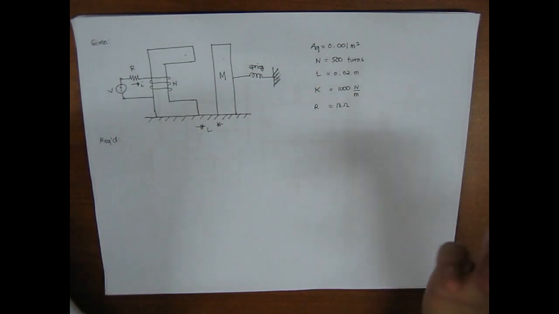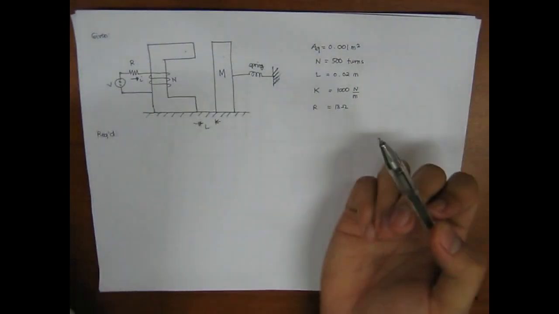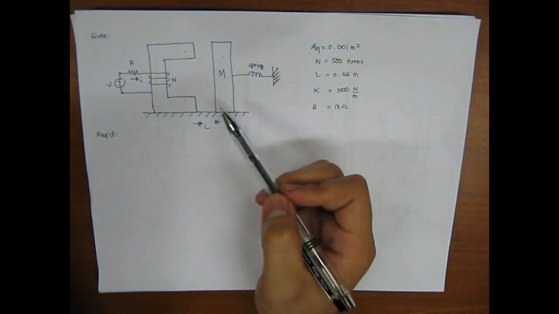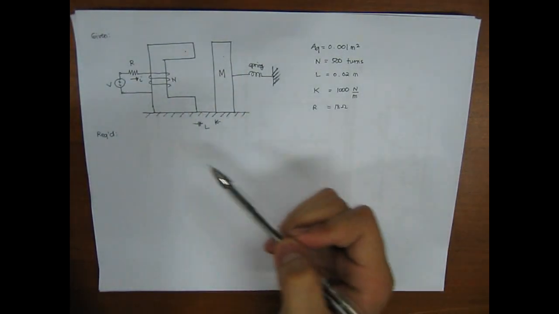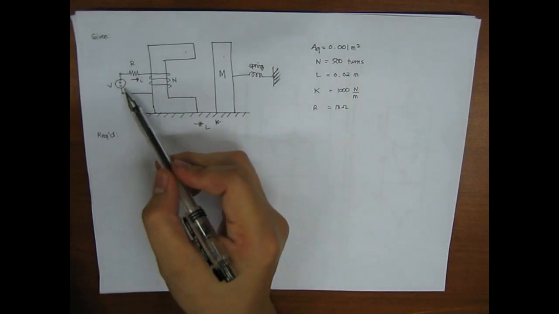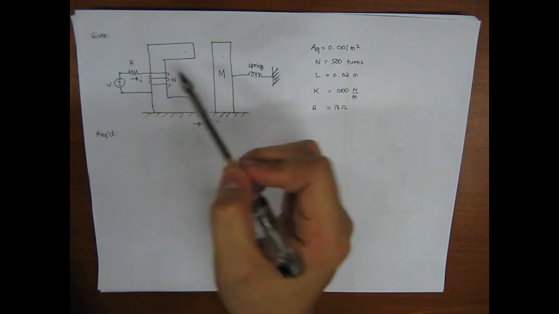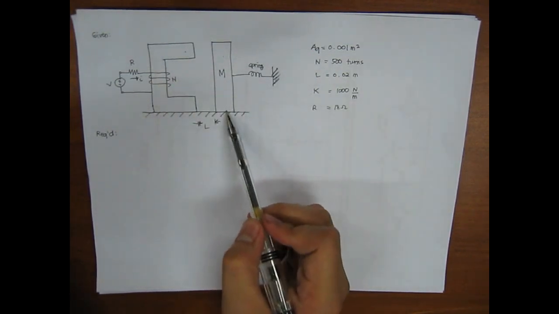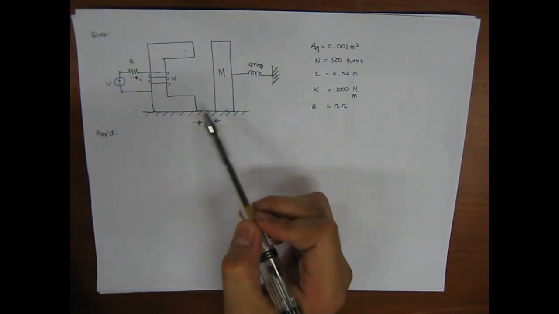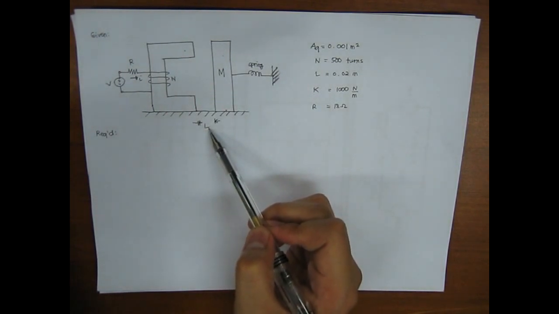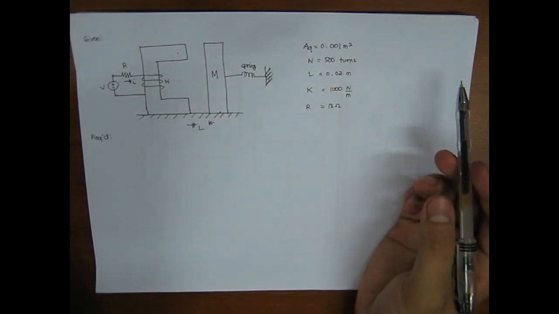Now the problem is, what is the minimum DC supply voltage for the relay to make contact when the electrical circuit is closed? So this problem requires us to solve for the magnitude of the voltage supply such that this magnetic core would be able to allow this moving part to get attracted into it totally, or this will move totally with a displacement L equals 0.02 meter.